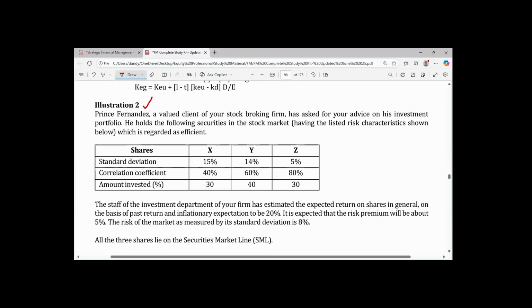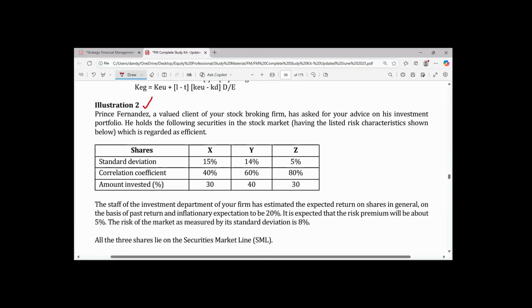Prince Fernandez, a valued client of your stockbroking firm, has asked for your advice on his investment portfolio. He holds the following securities in the stock market, having the listed risk characteristics shown below, which is regarded as efficient.